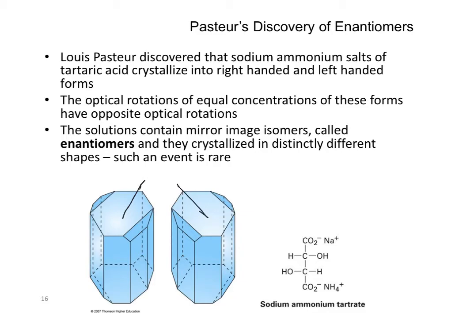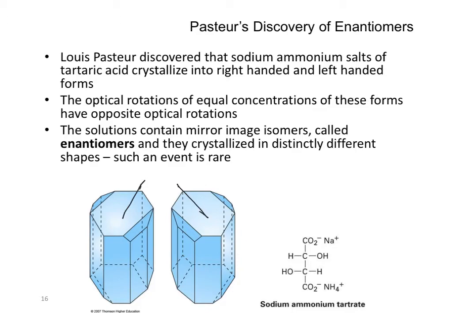And so he was able to essentially start from the original sample and get approximately 50-50 of the right and the left. And so he was able to find how the original mixture, which was optically inactive, when you sorted it into the piles, you actually achieved optical activity.